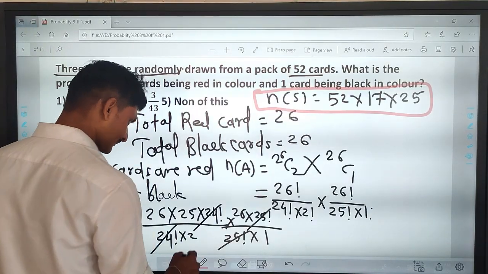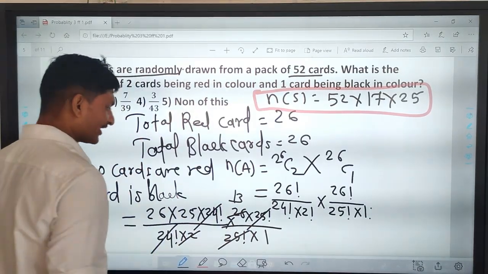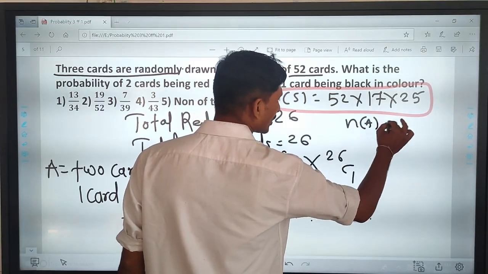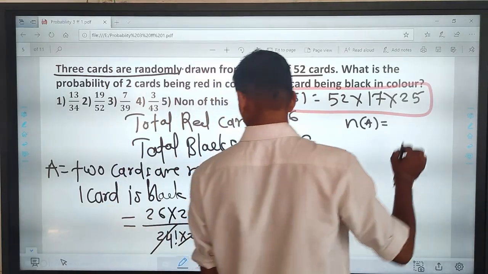Here what remains is 26 into, then n(A). Here n(A) is equal to 26 into 25 into 13.